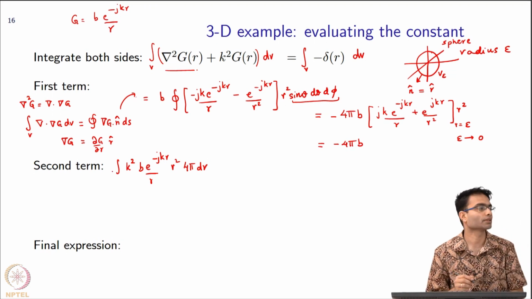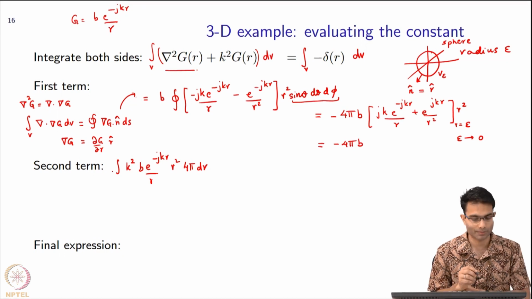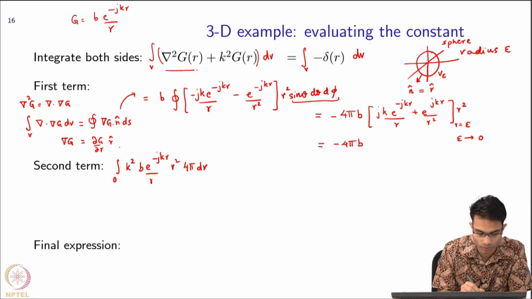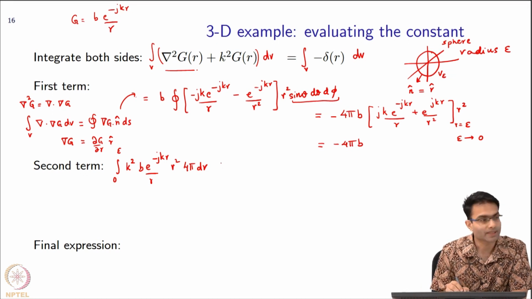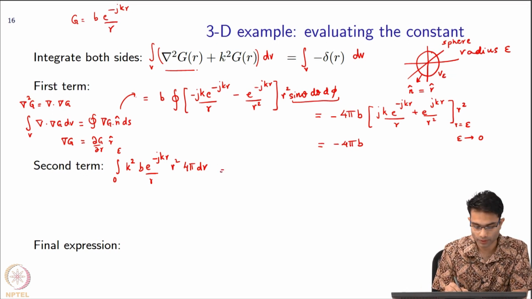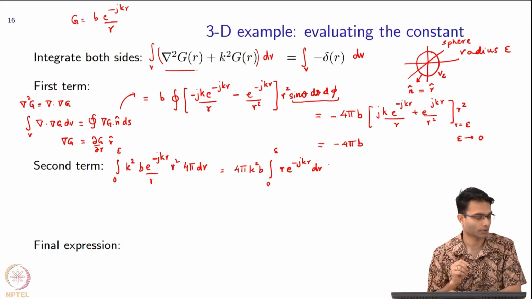I have eliminated the theta and phi integral because there is no theta phi dependence. That will give me the 4 pi. So I'm left with this, and integration is from 0 to epsilon. Okay, is that clear? So I can take out all of these constants, 4 pi k squared b, integral from 0 to epsilon of r e to the minus j k r dr. That's all that survives.